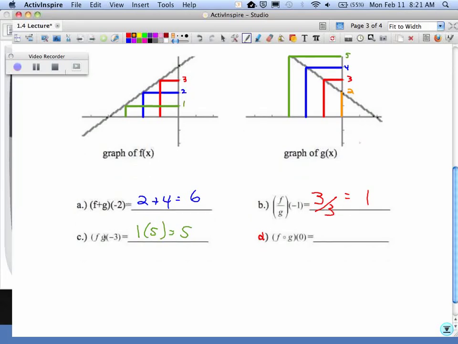Take that output, and the composition says, now that output is your input over here. So I'll go to 2, and I'll bring that up.